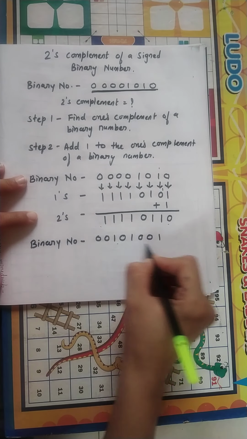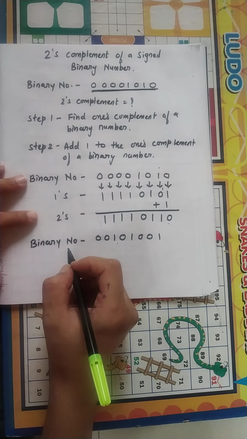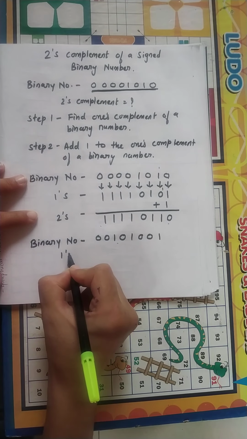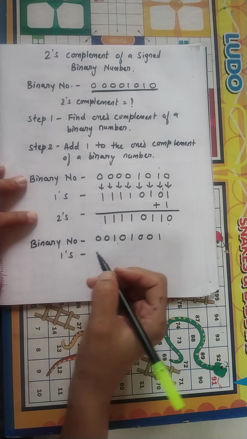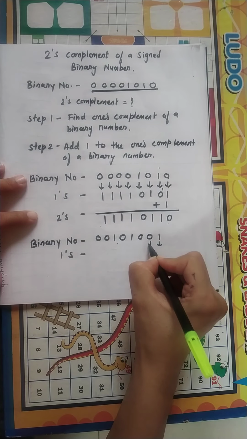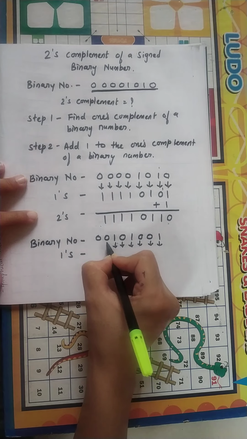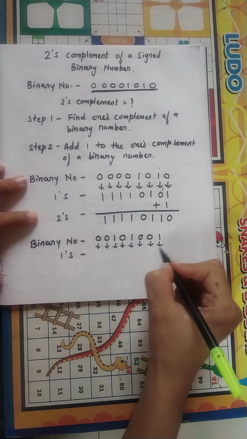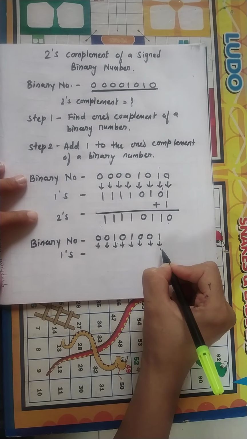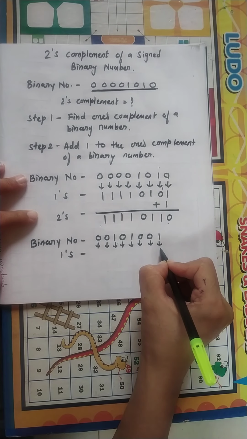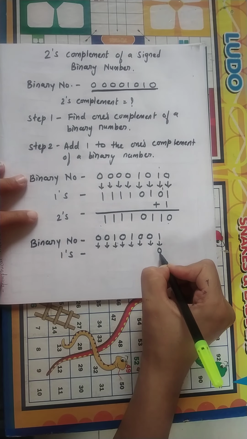I have to convert this binary number into 2's complement. So for converting it, I have to find out the 1's complement of the number, and for finding out the 1's complement of a number, I have to invert this number, right? How am I doing inversion? If there is 0, then I have to invert it as 1, and if it is 1, then I have to write the inversion as 0. So here 1 is there, so inverted is 0.